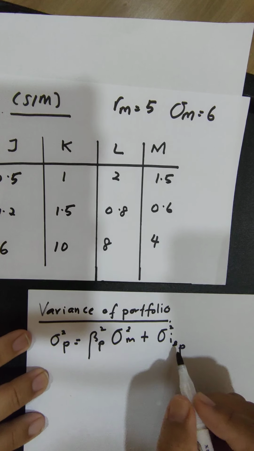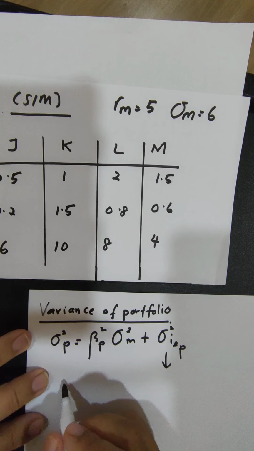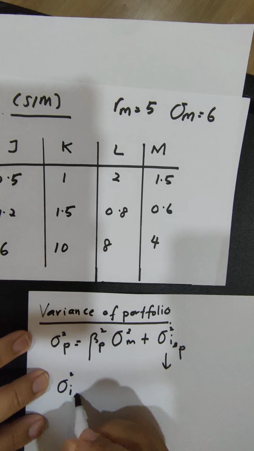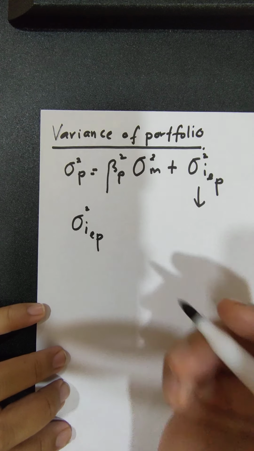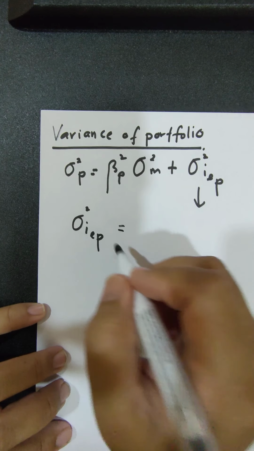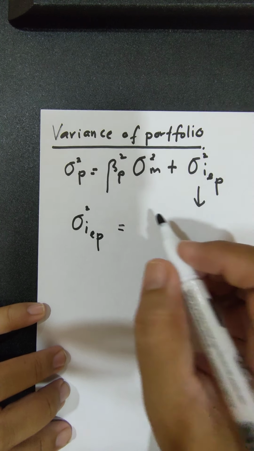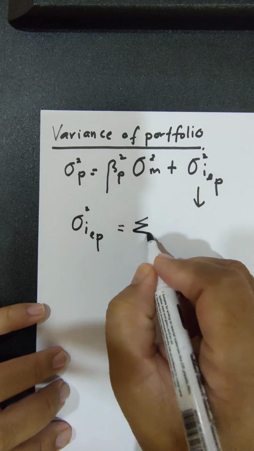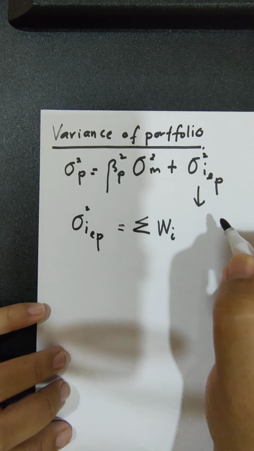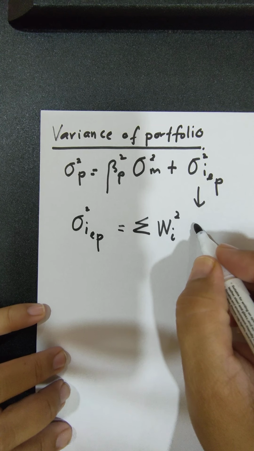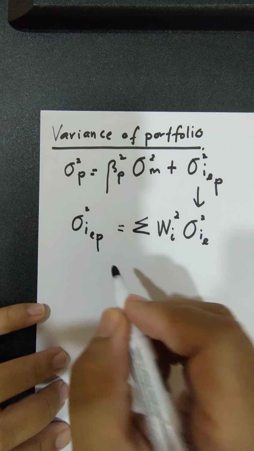First thing first, search for the value of the residual variance of portfolio, which will be the summation of the weightage of that particular asset, power of 2, multiplied with the residual variance of that particular asset.